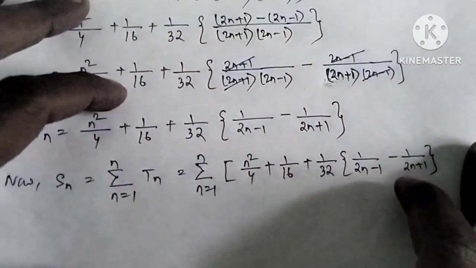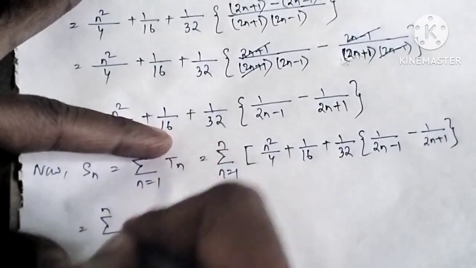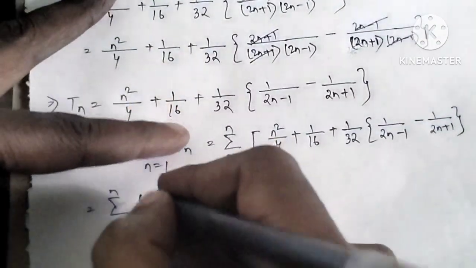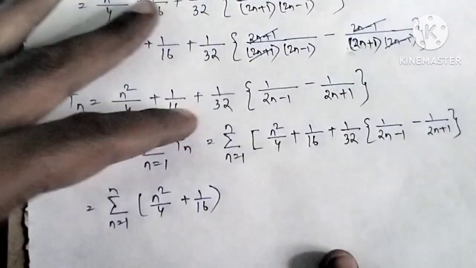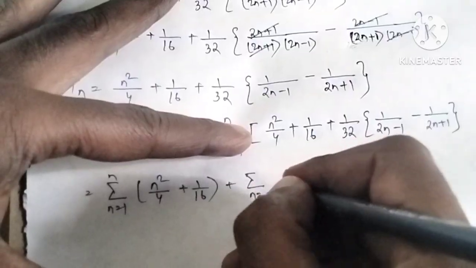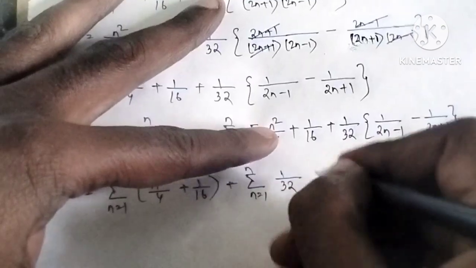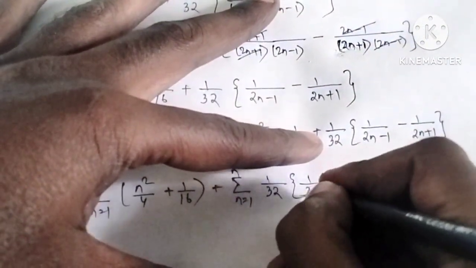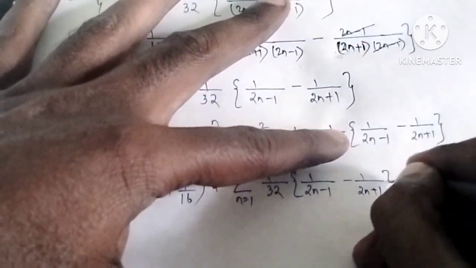Okay, now this will be n square by 4 plus 1 by 16 plus 1 by 32. Okay, 1 by 2n minus 1 minus 1 by 2n plus 1.